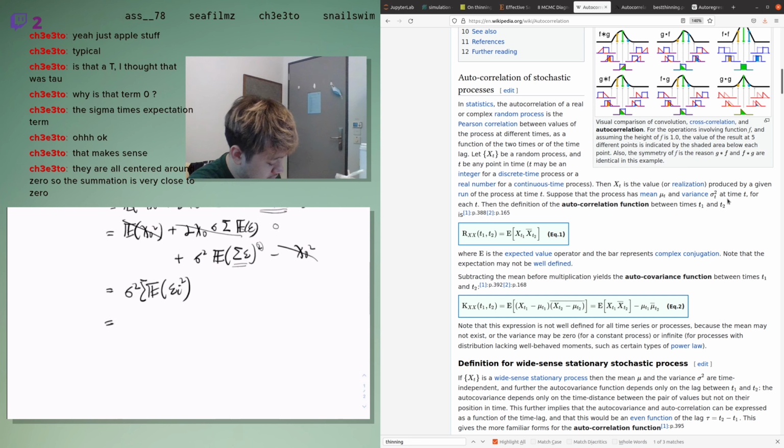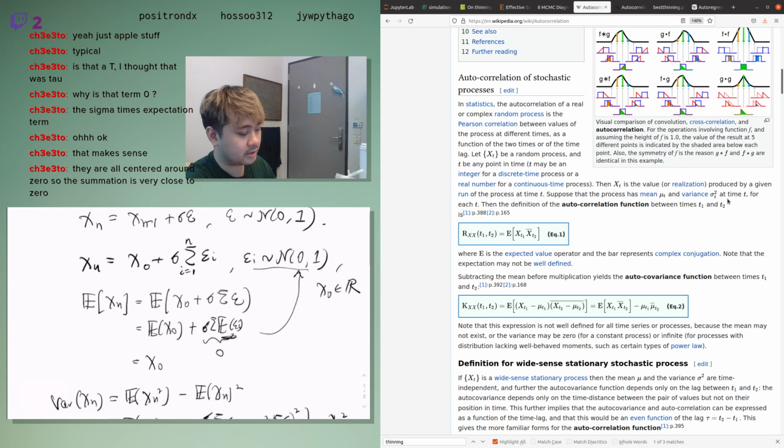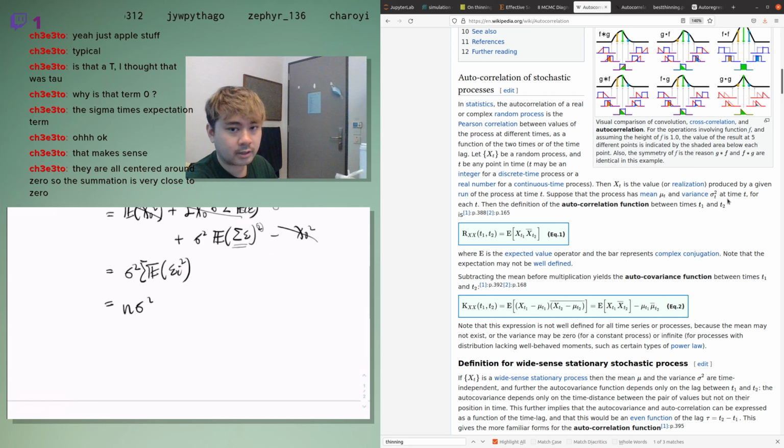There's n of them. So it's n sigma squared. That's the variance of the process. So essentially this is describing just a Brownian, well, is it a Brownian motion or random walk? Well, it's a random walk. Yep. So it's just n sigma squared.